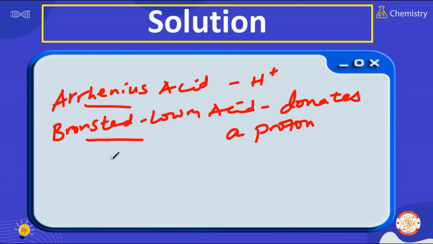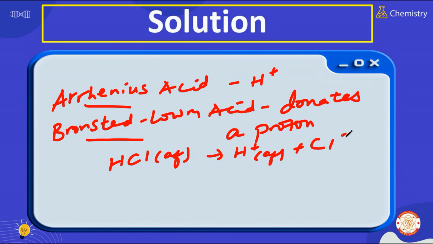For example, HCl, when dissolved in water, it releases H plus and what? Chloride ion, right? So this acts as what? Acts as Arrhenius acid as well as Bronsted acid.